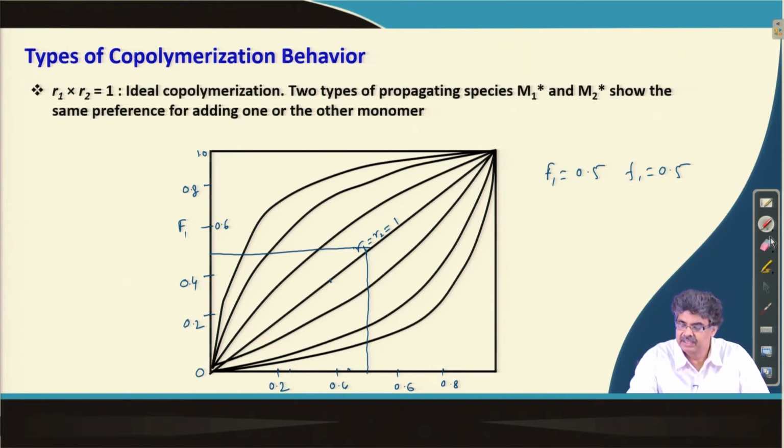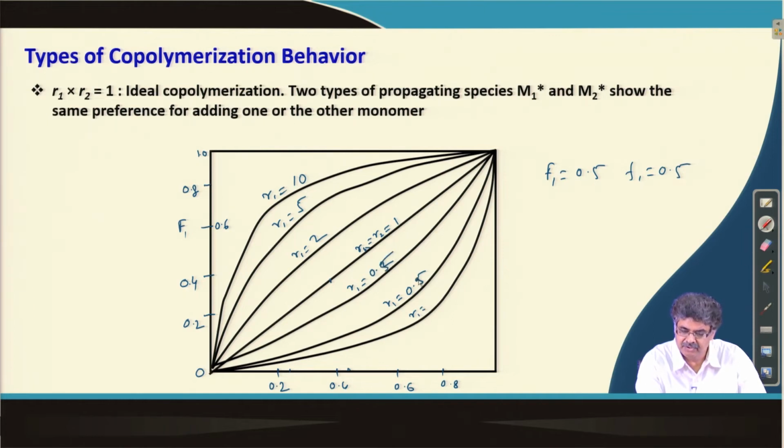Now, if I have other values, then r1 is not equal to r2. For example, here r1 is say 10, r1 is 5, r1 is 2, r1 is 0.2, r1 is 0.5, and 0.5, 0.2, 0.1.